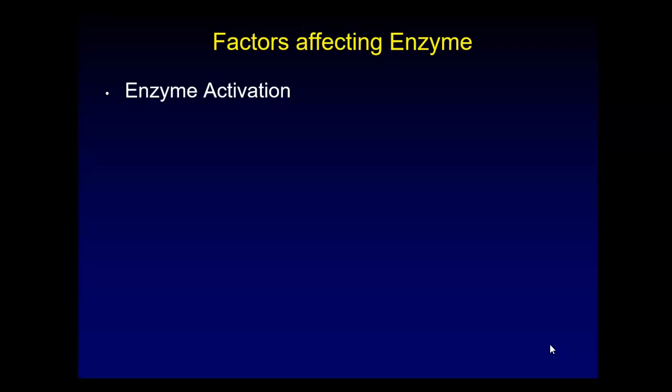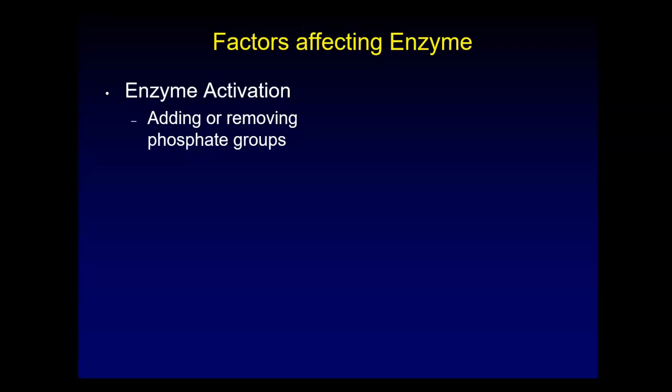So, an enzyme might also need activating. Some enzymes come ready to do whatever job they're supposed to do, but other enzymes may require activation. If an enzyme needs activating, many times that activation comes from either adding a phosphate group or removing a phosphate group in order to make that enzyme active.